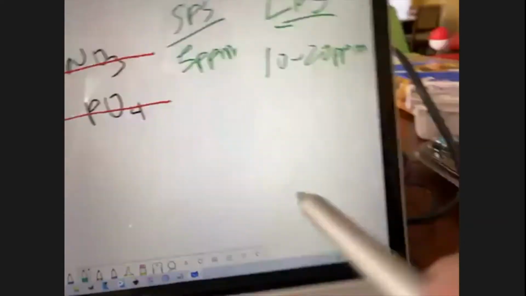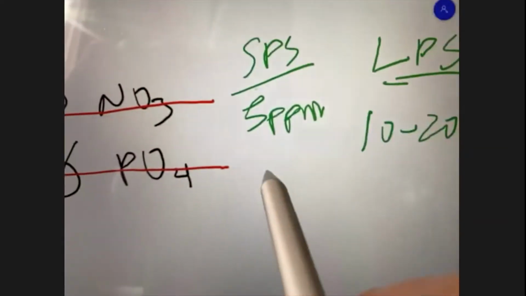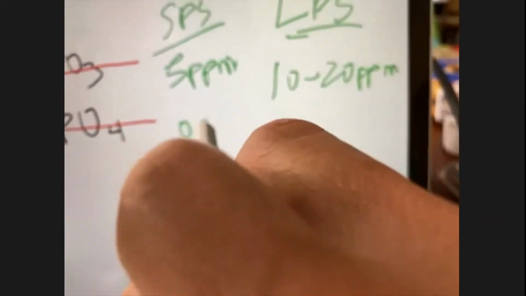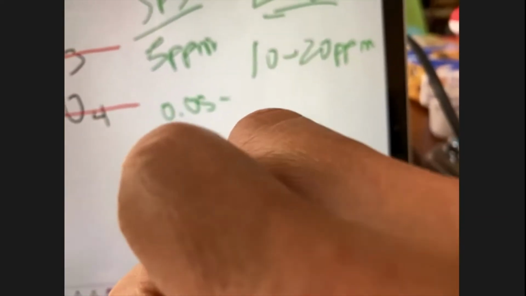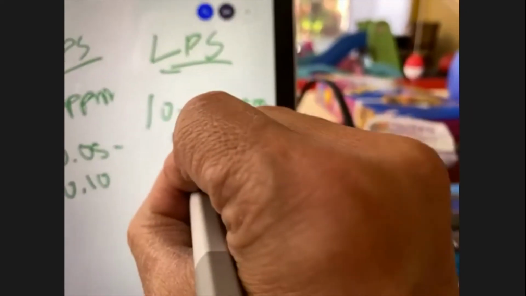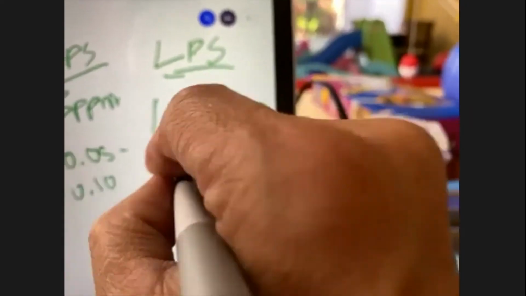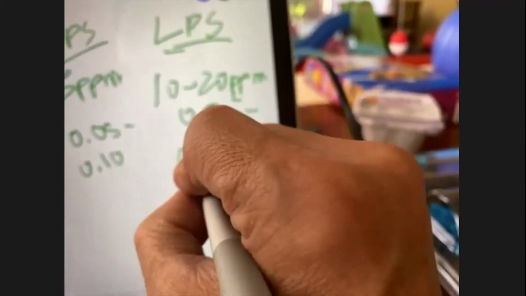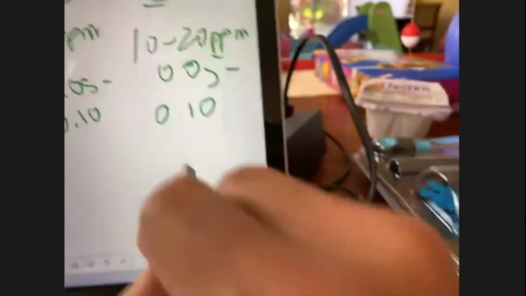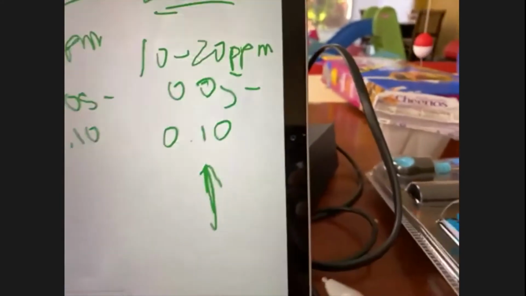And then for phosphate, 0.05 to 0.10. Same thing on the SPS side, 0.05 to 0.10. On the LPS side, it's a little bit more forgiving.